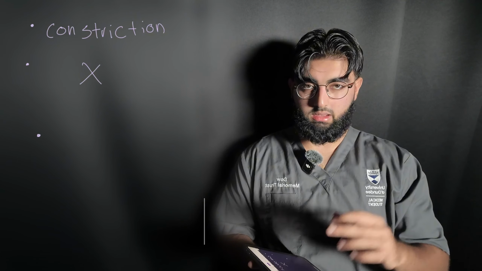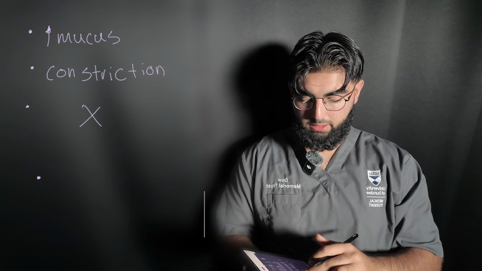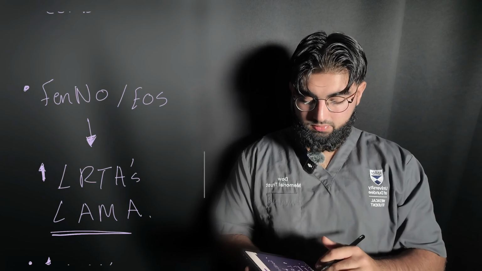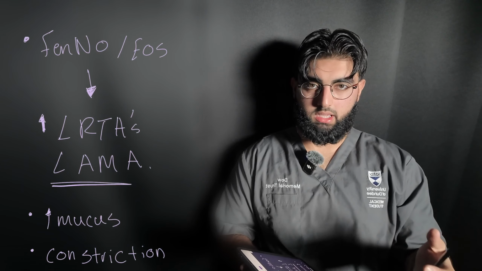That's their action. So if we can block those receptors, we're essentially blocking the constriction, which then means that there is a long-lasting effect of bronchodilation within the airways. Okay, so that's if the FeNO and the eosinophil counts are raised.